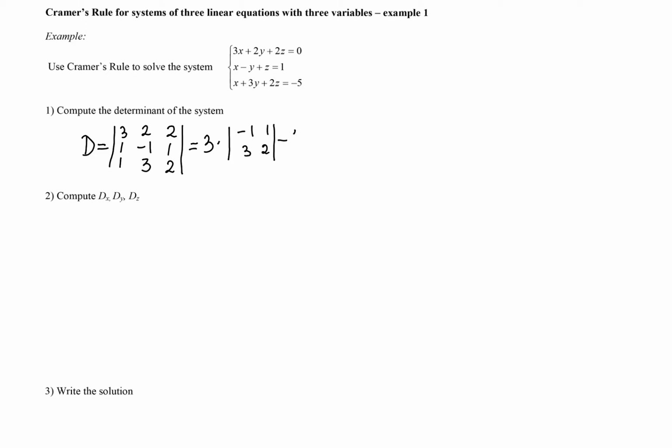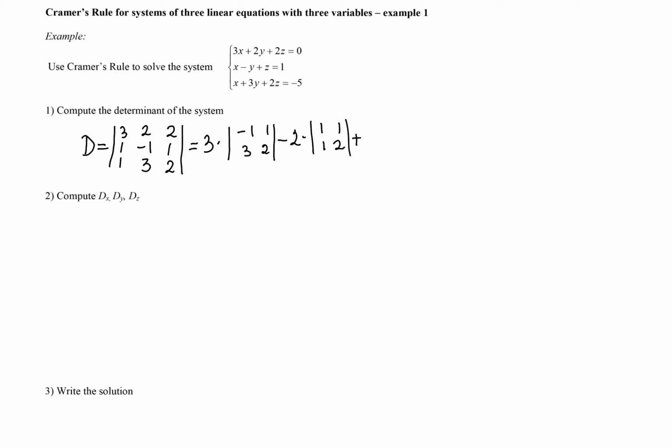Then we'll subtract the product of the second term in the first row multiplied by the determinant obtained by crossing out the first row and column 2. So the numbers are 1, 1, 1, and 2.